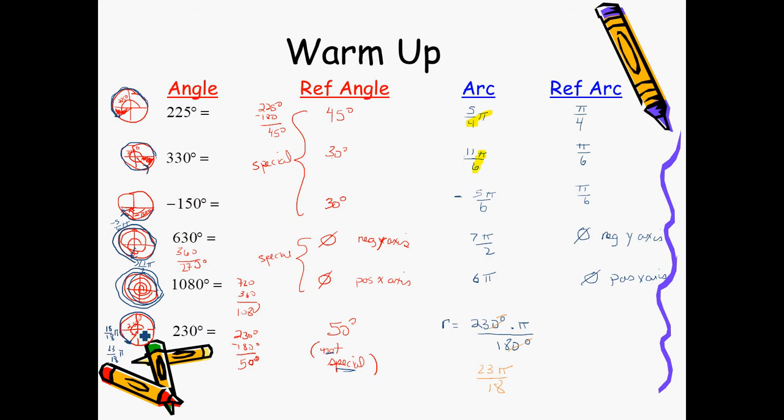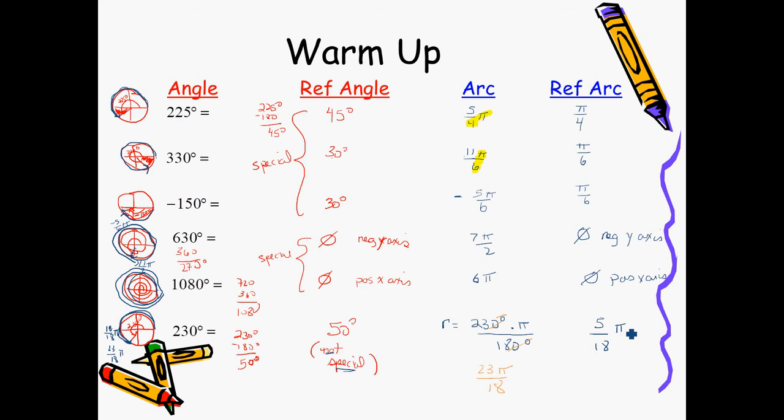Isn't this just 1 pi going around the half circle? Well, if this is 18 over 18 pi, and this is 23 over 18 pi, what's the reference arc? You had to go 5 more 18ths to get to 23 18ths, right? Kind of cool. Alright.